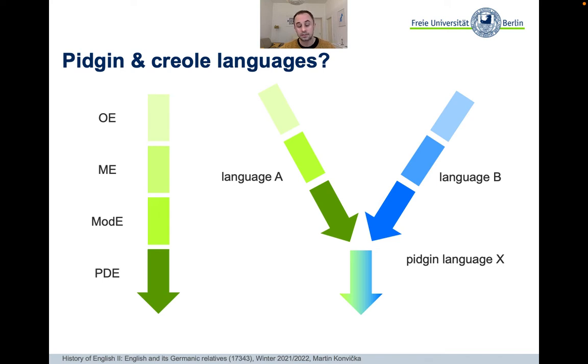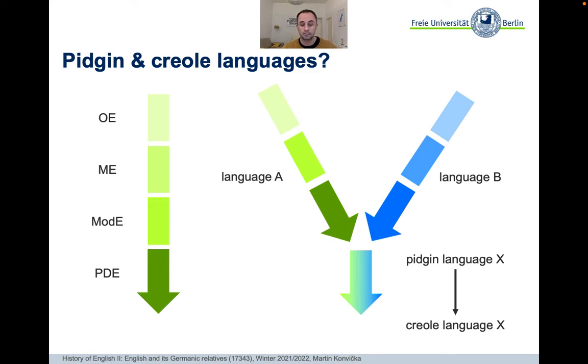But this situation does not necessarily have to remain stable. If babies are born in this situation and grow up in an environment where this new Pidgin language is being spoken, these newborn babies may eventually acquire this Pidgin language as their mother language, as their native language, which then leads to the creation of something called a Creole language.